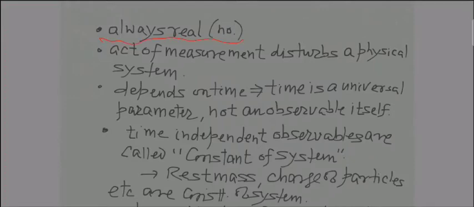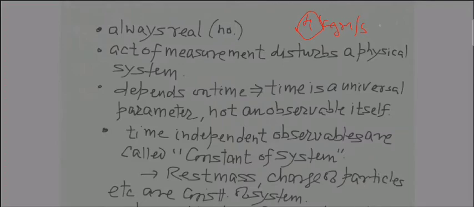Some quantity will be there and there will be some unit associated with it. For example, if I say momentum is 4 kg meter per second, then 4 is the magnitude of your momentum and kg meter per second is its unit.